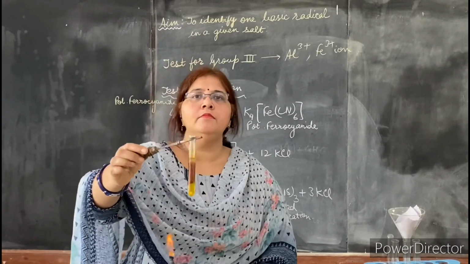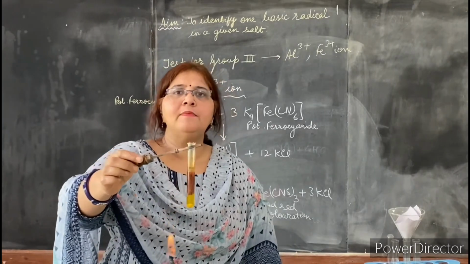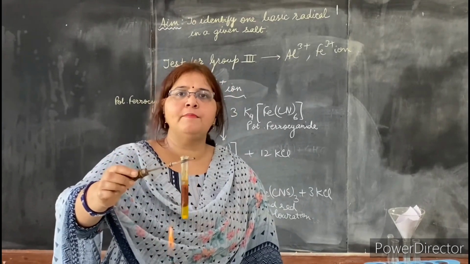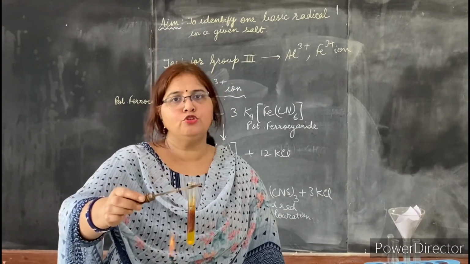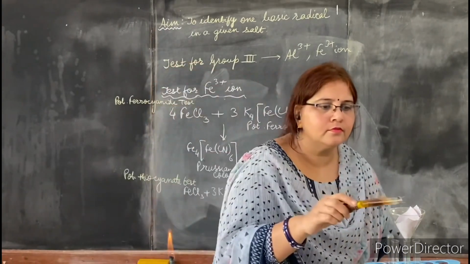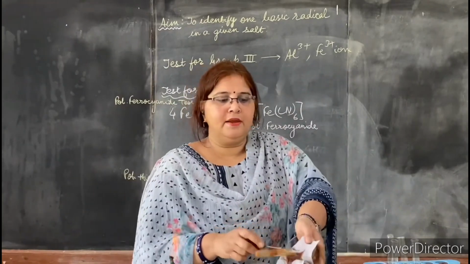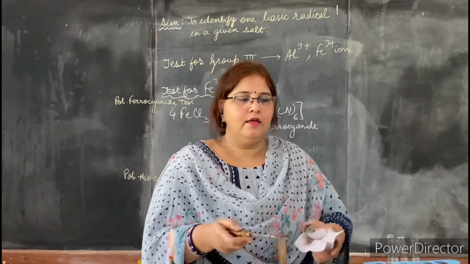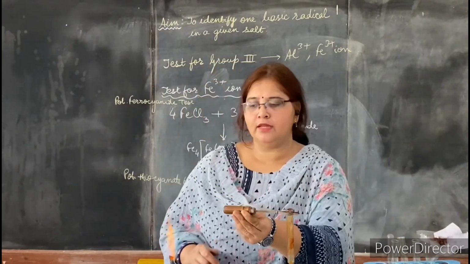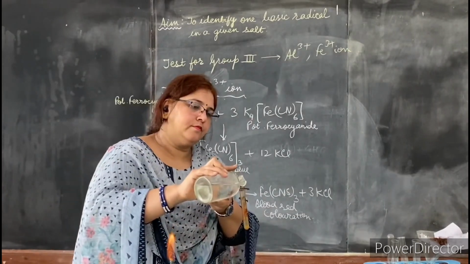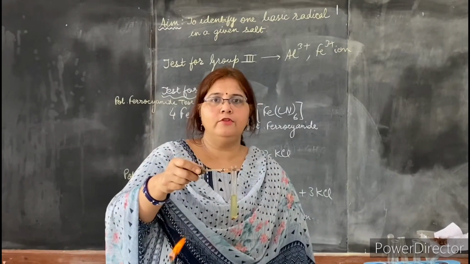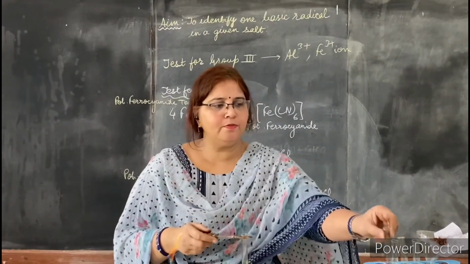Now we will confirm the ferric ion. Filter the precipitate and dissolve it in dilute HCl, then divide it into two parts.